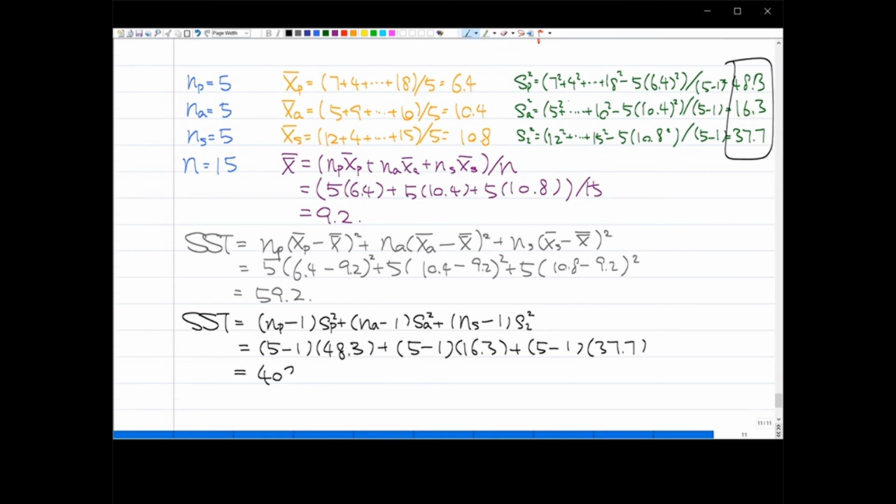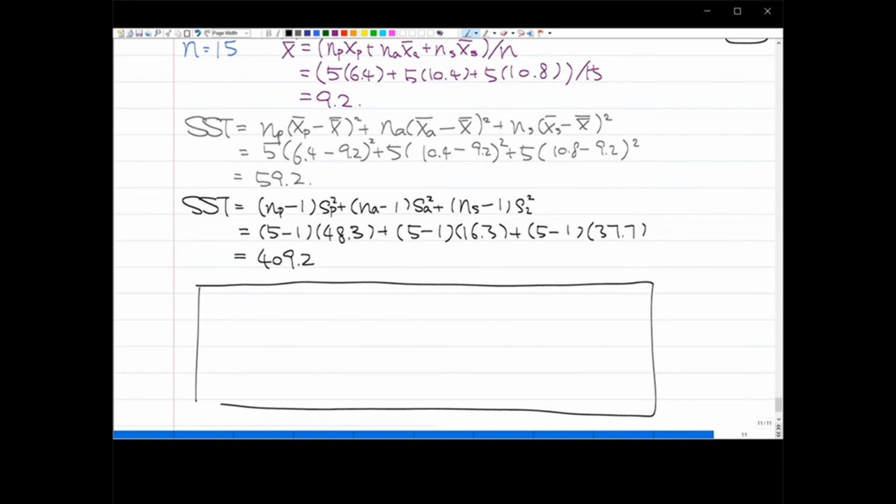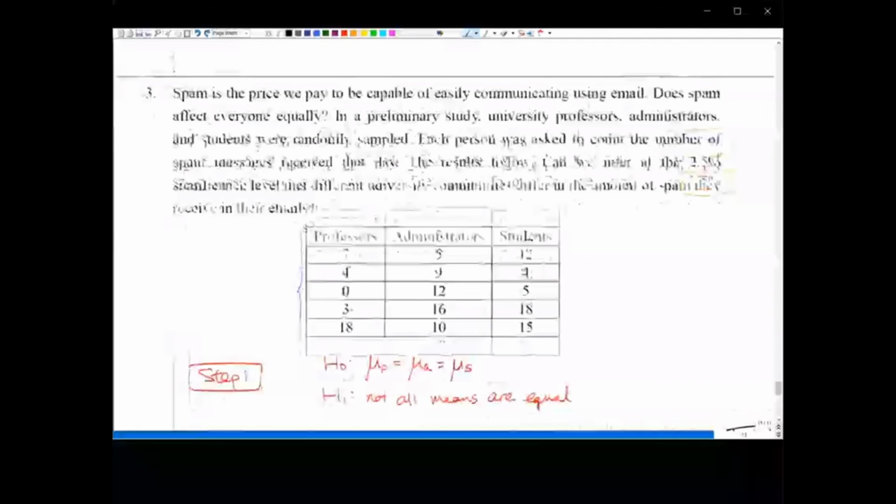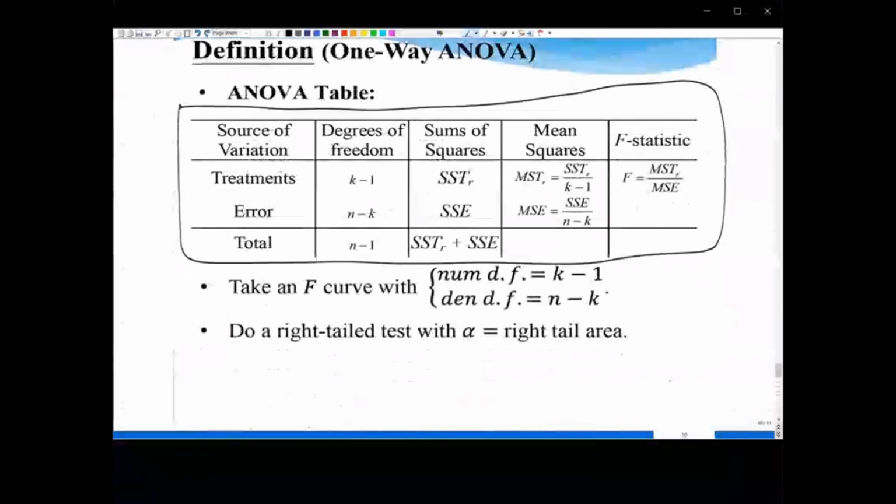So then next you need to draw the ANOVA table. Okay, so here is the name, or you can say the source. All you need is to take this table and fill in each column and row.